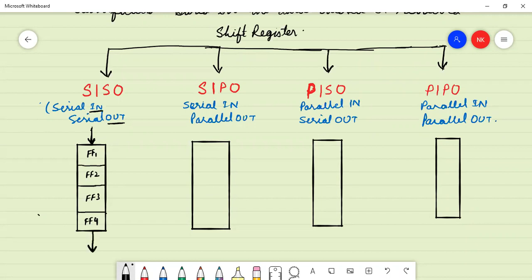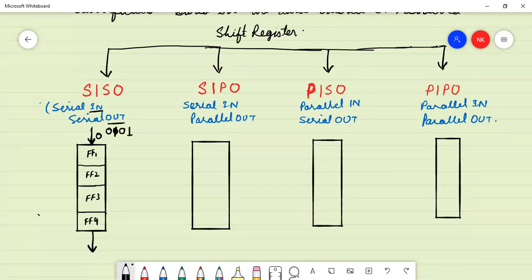Okay, so if we have a 4-bit data, let it be 1010. When the first clock comes, as I have taken 4 flip-flops, we should have a 4-bit data.